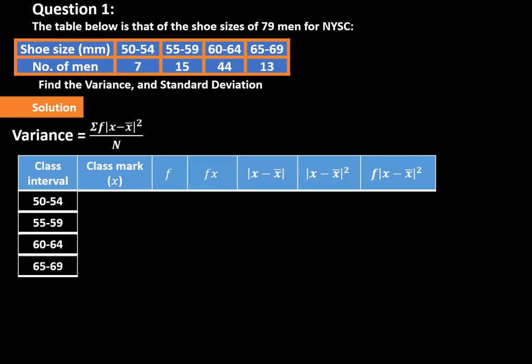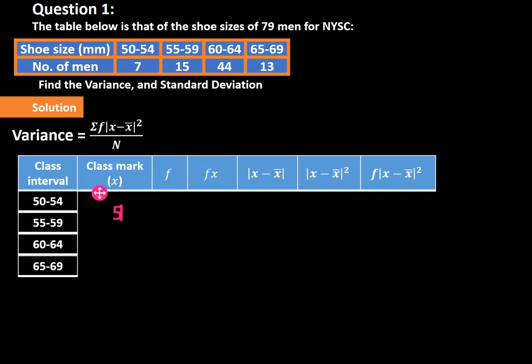Now, how do you get a class mark? The class mark is gotten by taking the lower and upper class limits. For 50 to 54, the 50 is the lower class limit, and the higher one beside it is the upper class limit.